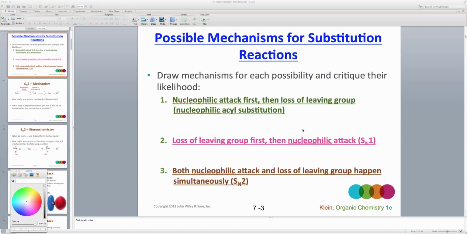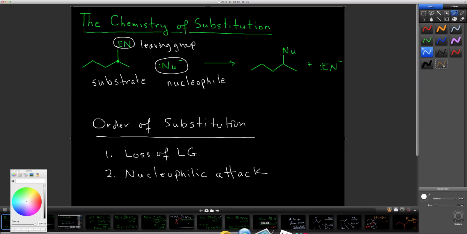In other words, the electron movement is synchronous and not stepwise. One of these possibilities needs to be rejected fairly quickly because of the limitations of our substrate. This substrate is an sp3 hybridized carbon.